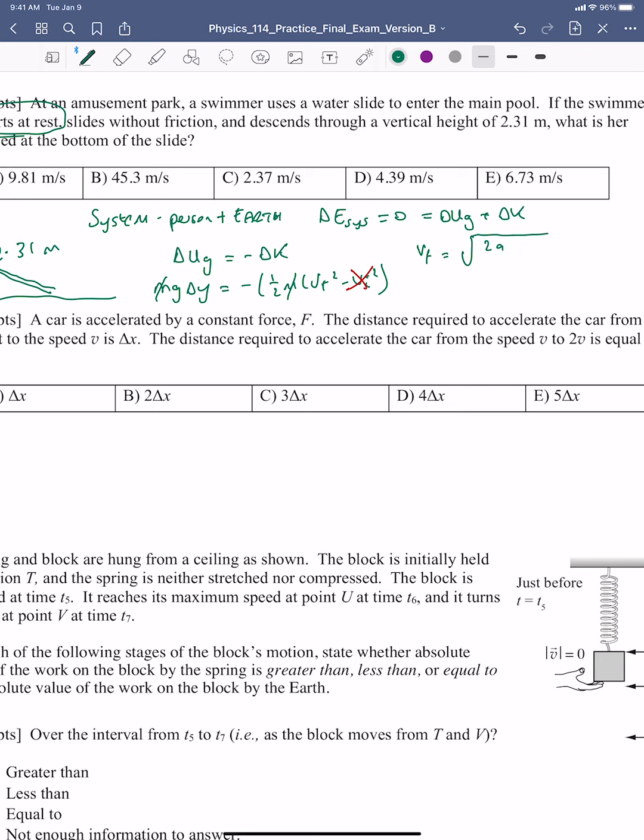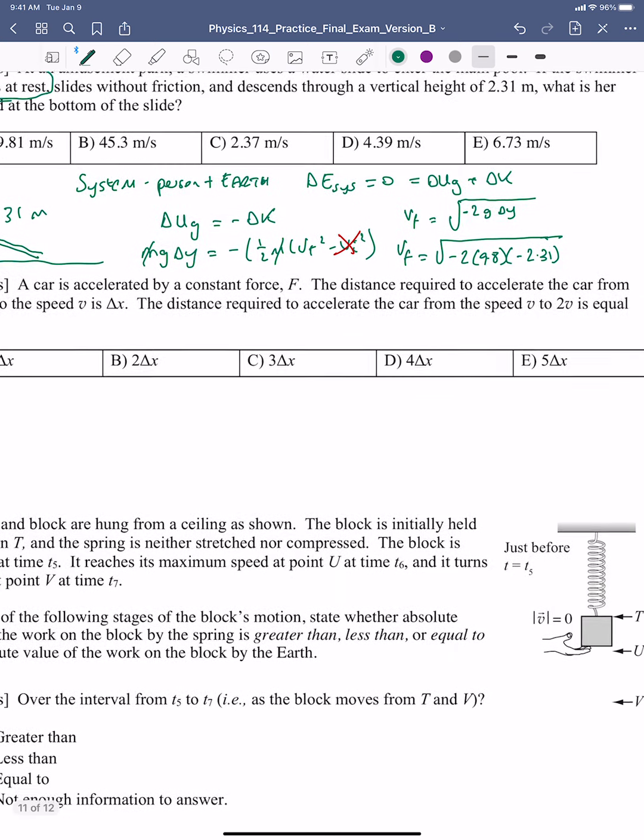It will be 2 times g delta y, and sort of a negative. But what's important here is that the delta y is negative. You can't take the square root of a negative, so you have to incorporate negative 2 times our 9.8, and the person is moving downwards, so we'll take that to be negative 2.31.